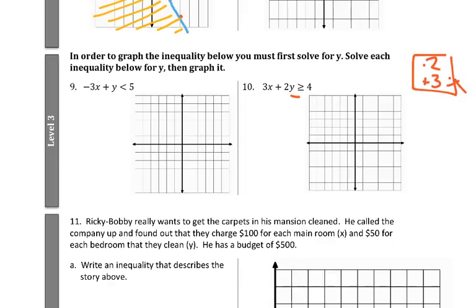So if I'm going to solve for y, I need to do opposite stuff backwards. I'm going to start by subtracting 3x from both sides. Now I don't have an x here on the right side, so I'm going to just put that on the right, like that. So we have 2y is greater than or equal to 4 minus 3x. That took care of that step. Now let's divide all of these things by 2.